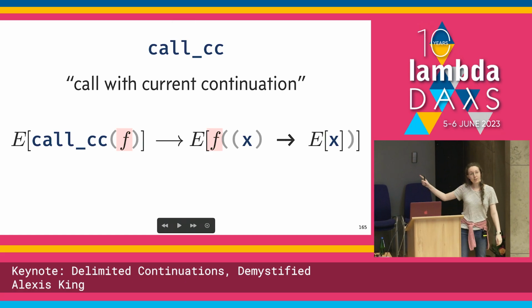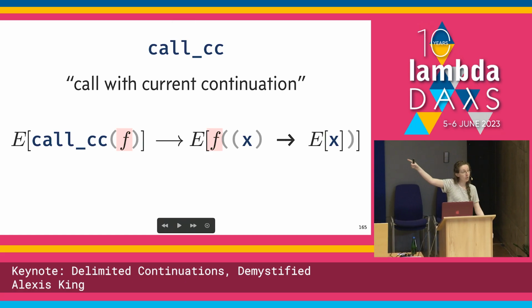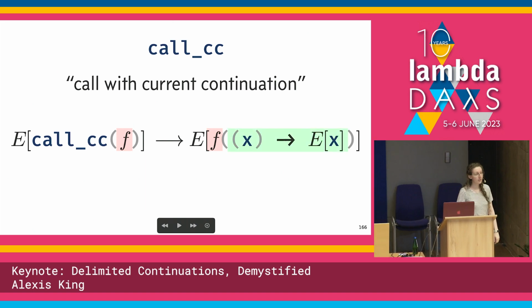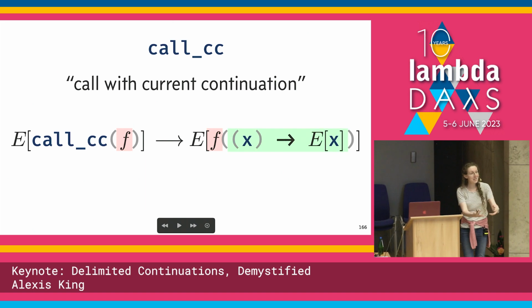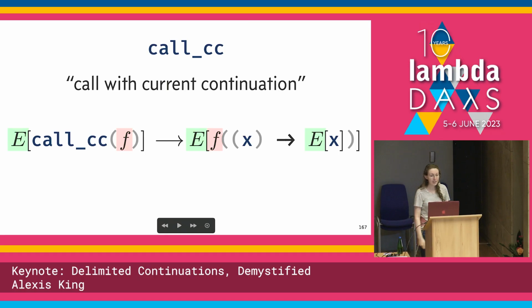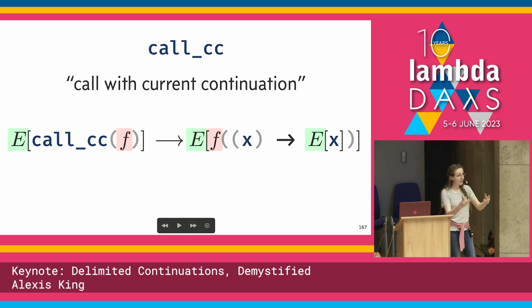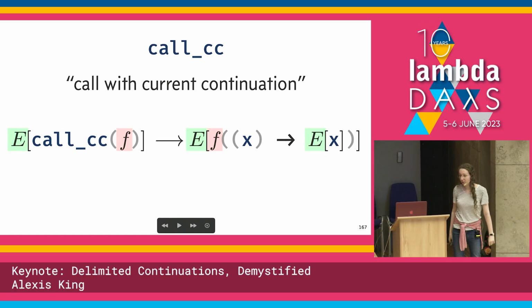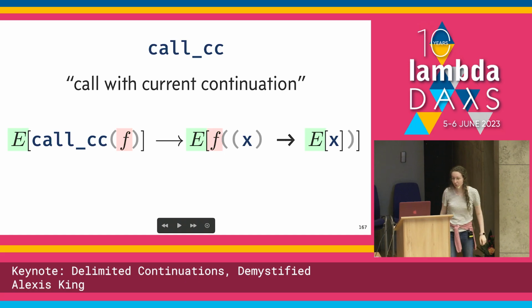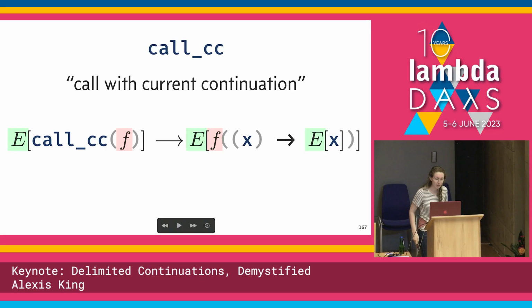But the idea is that callCC is a function that takes a single argument, which is a function, and it applies that function to a function, which is the reified current continuation, represented by E here. So what this is essentially doing is, as the name implies, reifying the continuation as a function, passing it to the function that you apply to it. So there's sort of this weird inversion of control, but that's essentially what happens.